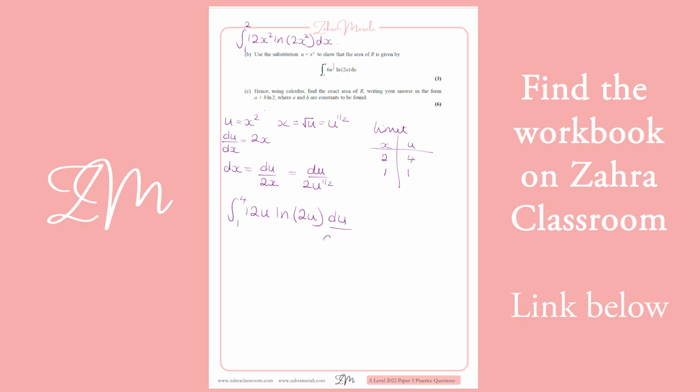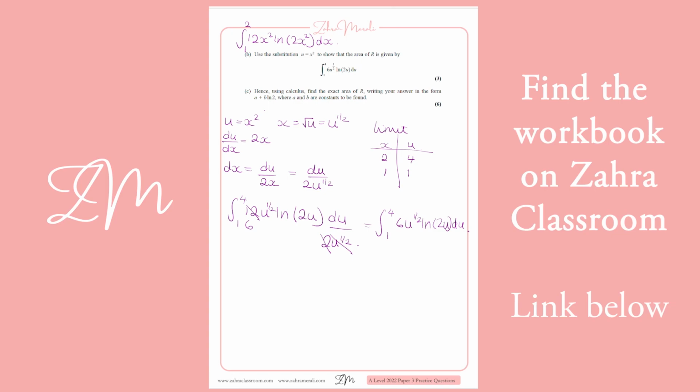And instead of dx, we've got du over 2u to the 1/2. So we can see here that 2 is going to cancel and make that a 6. This u to the 1/2 is going to cancel and make this one u to the 1/2. And if I rewrite that, I've got between 4 and 1, 6u to the 1/2 ln 2u du. And so I've shown that we've got the same thing.